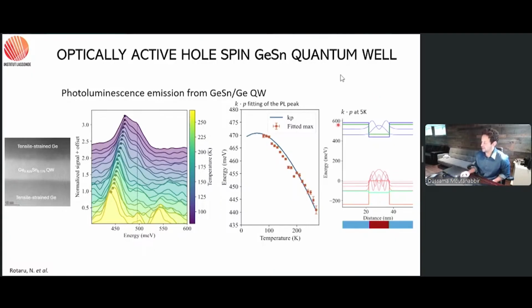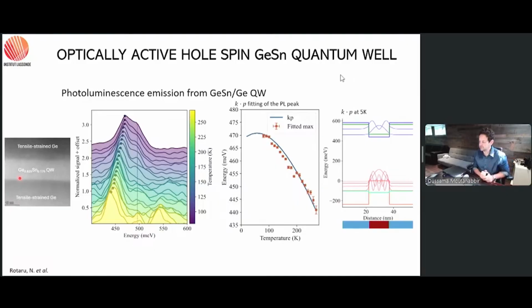Think of it as germanium-tin heterostructures exactly like gallium arsenide, without nuclear spin problems. So we can actually engineer a gamma electron and get rid of all the problems in silicon quantum wells, when you have to deal with valley splitting and inter-valley scattering. The only challenge that we need to figure out is that, unlike gallium arsenide, germanium-tin is not an ordered alloy, which means that we have some scattering that might actually limit the mobility.